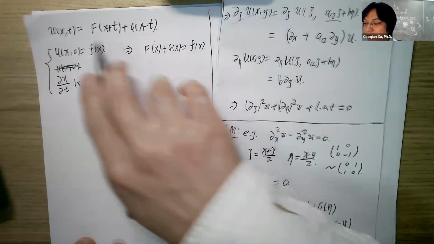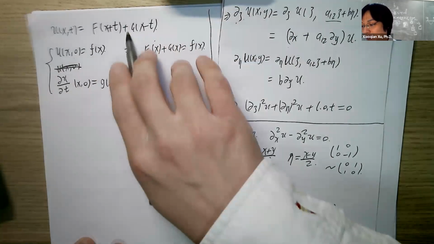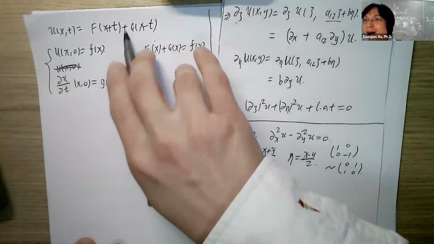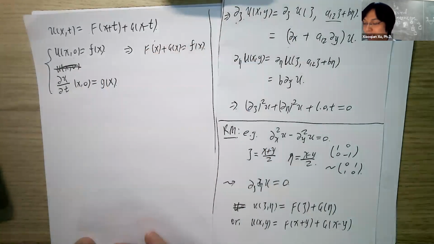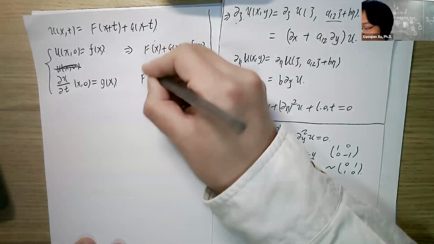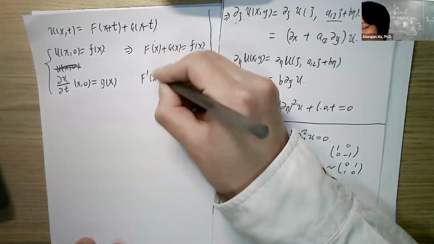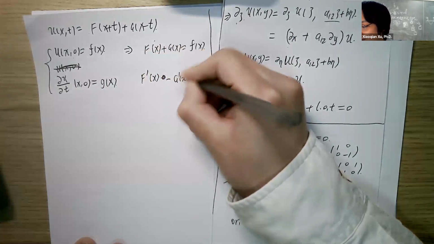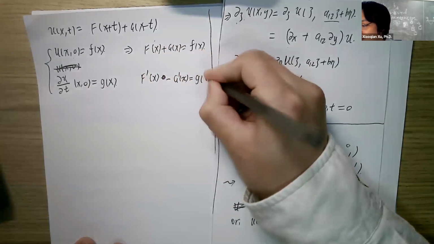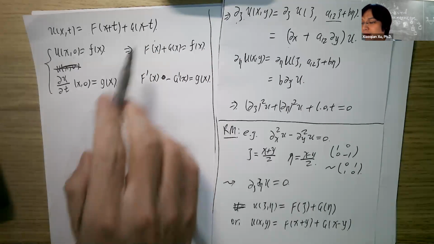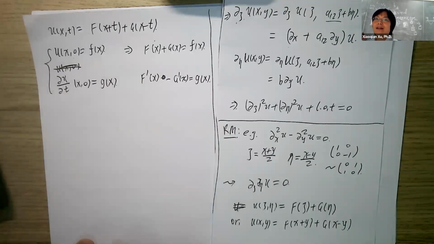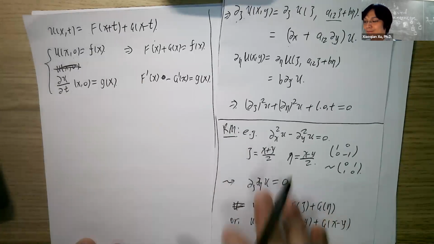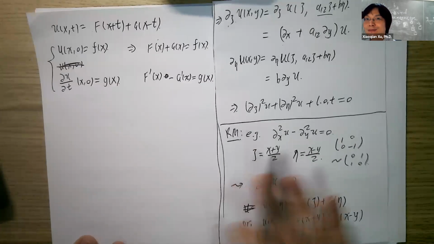If you take partial t, you get partial t of f plus, well, actually minus partial t of g. So it's f'(x) minus g'(x) equals g(x). You take the derivative in terms of t and plug in t equals 0. You got this one. Is that clear?